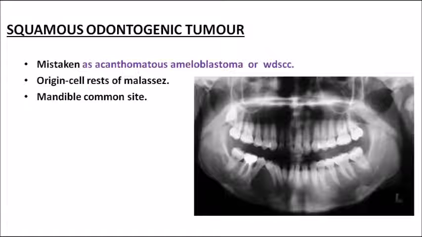Okay, so the mandible is the most common site and the origin is mostly from the cell rests of Malassez. And squamous odontogenic tumor, SOT, is often mistaken with which tumor? They can ask you like that in MCQ. It is often mistaken for acanthomatous type of ameloblastoma or well differentiated squamous cell carcinoma.